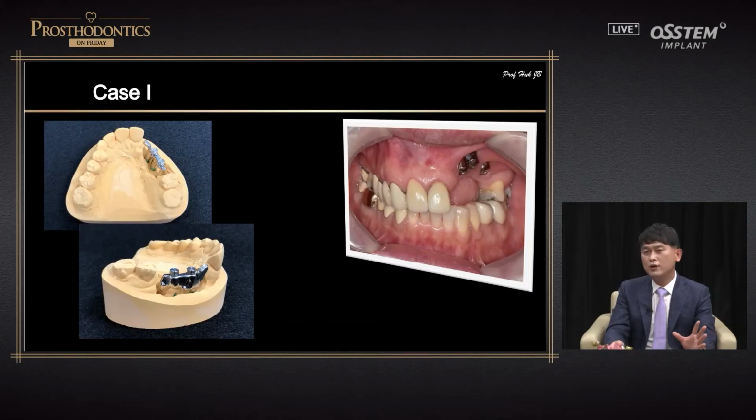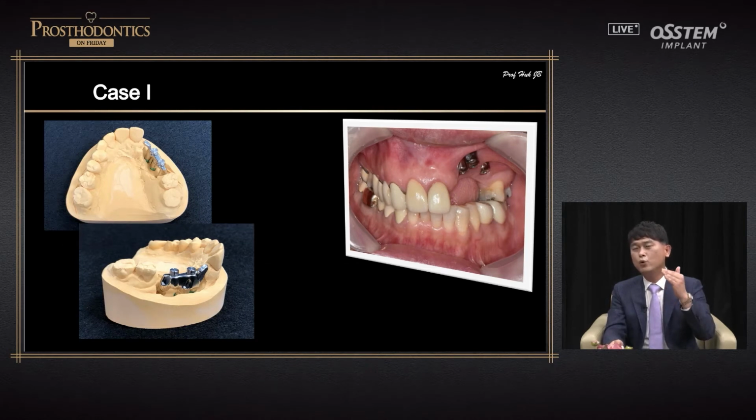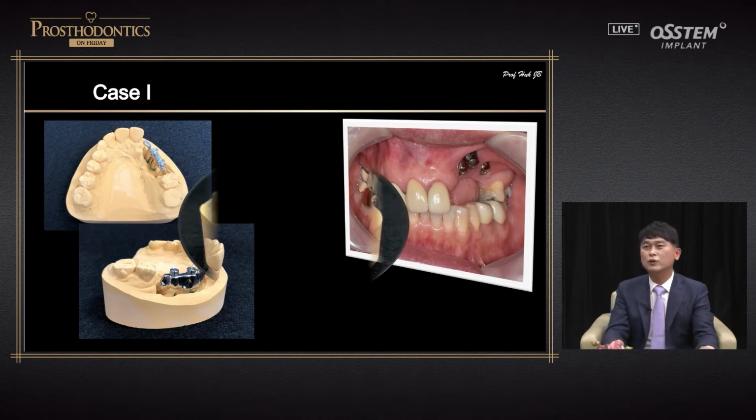Anyway, bars need to be made. Let me explain the concept. Instead of making alveolar bone using bone augmentation, just like we make maxillofacial prosthesis, alveolar bone is made using the bar of the prosthesis. So I made it like this.